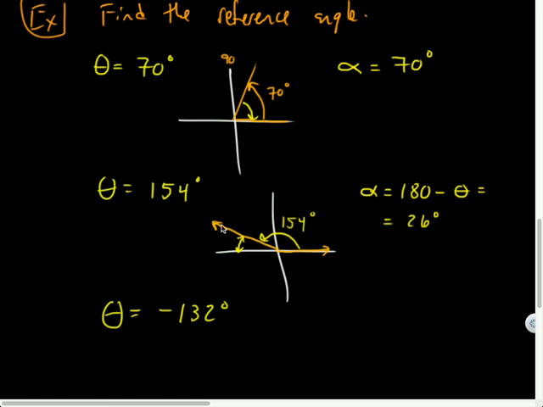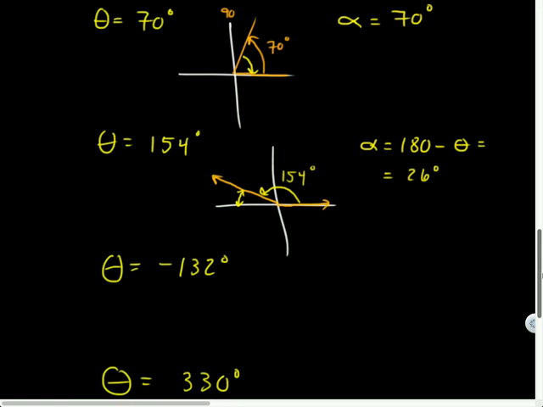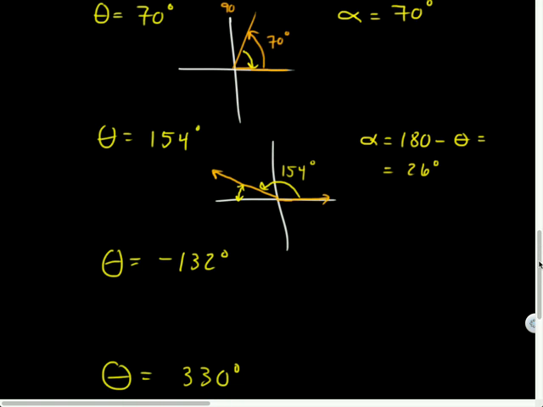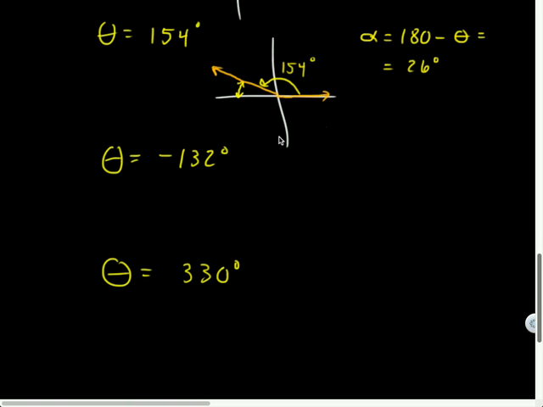So it turns out for quadrant 2, if you wanted a formula, your reference angle would just be 180 minus your original angle. It's a little bit different for each quadrant. That's why I do recommend drawing a picture, but if you did memorize these formulas, that would also work just fine for you.